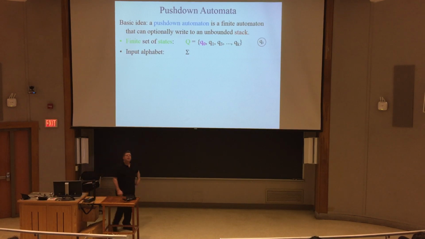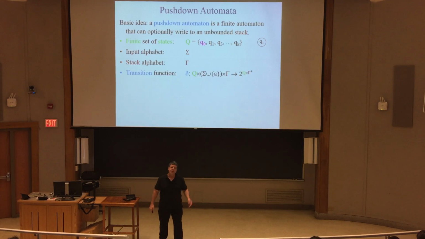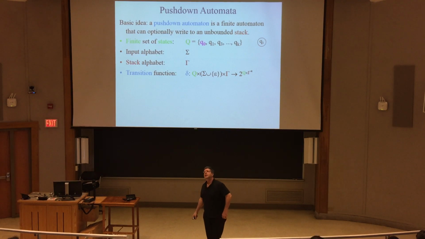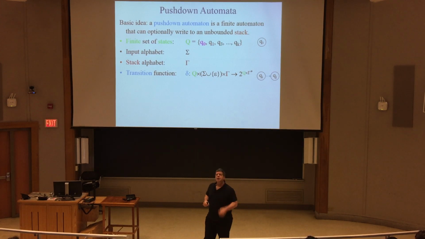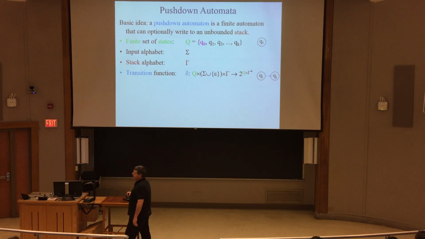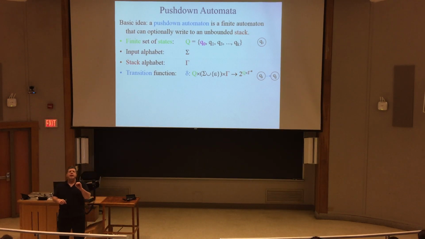It has an input alphabet and a stack alphabet that could be different or the same as the input alphabet, because a stack has symbols written and read from it too, pushes and pops. And it has a transition function. A transition function is a little more complicated than that of a finite automaton because it can change states not just based on what state you're in now, but what the top of the stack looks like at this moment, the symbol at the top of the stack. So that transition function can depend on that too.